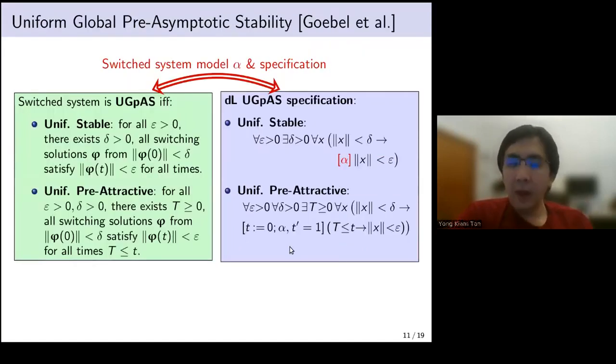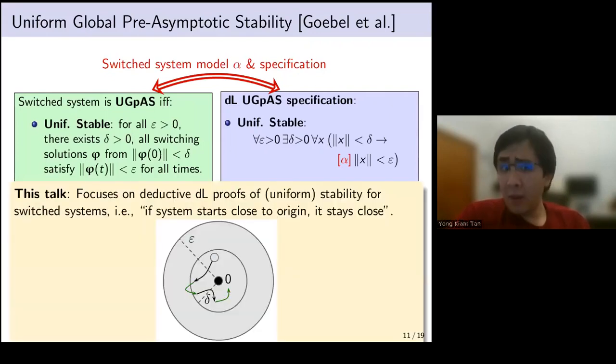Now, the property that we're interested in for this talk is going to be uniform global pre-asymptotic stability, or UGPAS. In the interest of time, I'm just going to focus on the uniform stability part of this specification, leaving the rest to the paper. Intuitively speaking, uniform stability says that if the system starts close to the origin, then it must stay close to that origin.